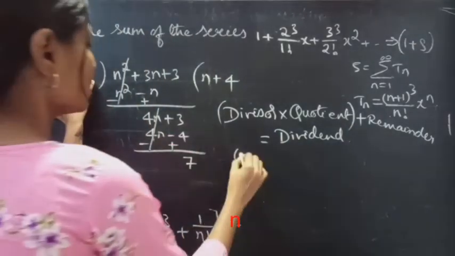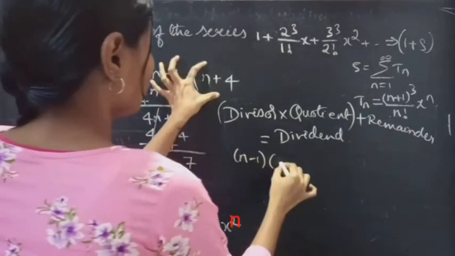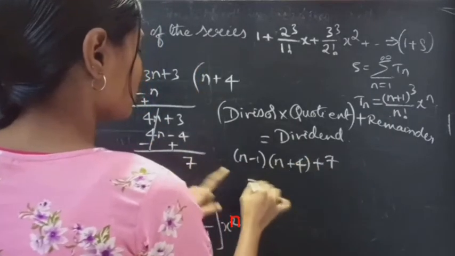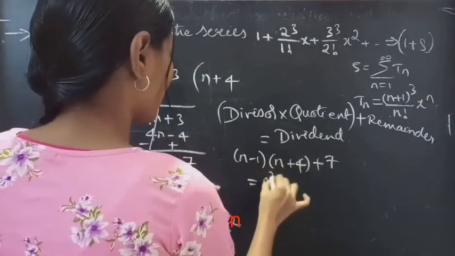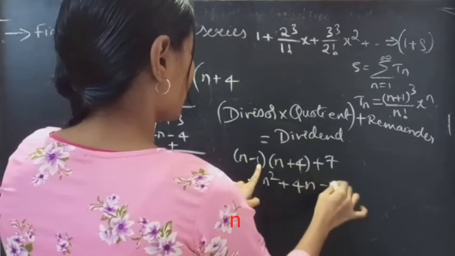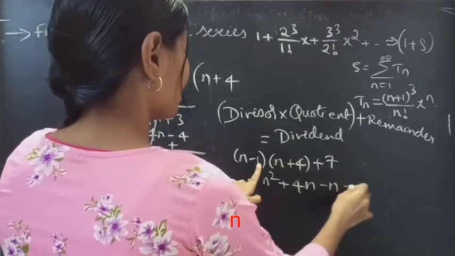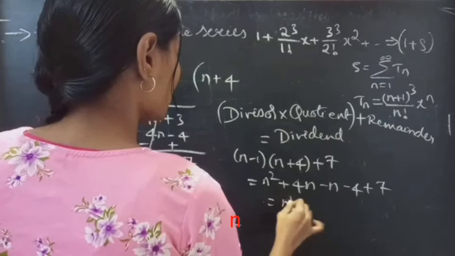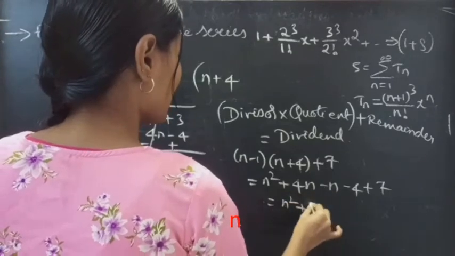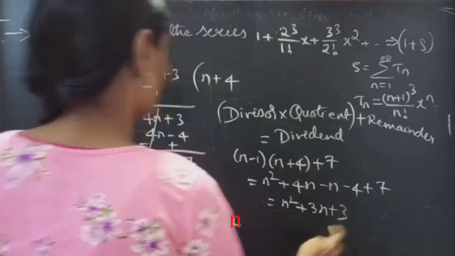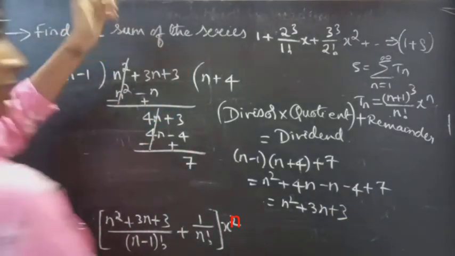So divisor into quotient plus remainder is n into n, n square, plus n into 4, 4n, minus 1 into n, minus n, minus 1 into 4, minus 4, plus 7, equals n square plus 4n minus n is 3n, minus 4 plus 7 is plus 3, which is our dividend.